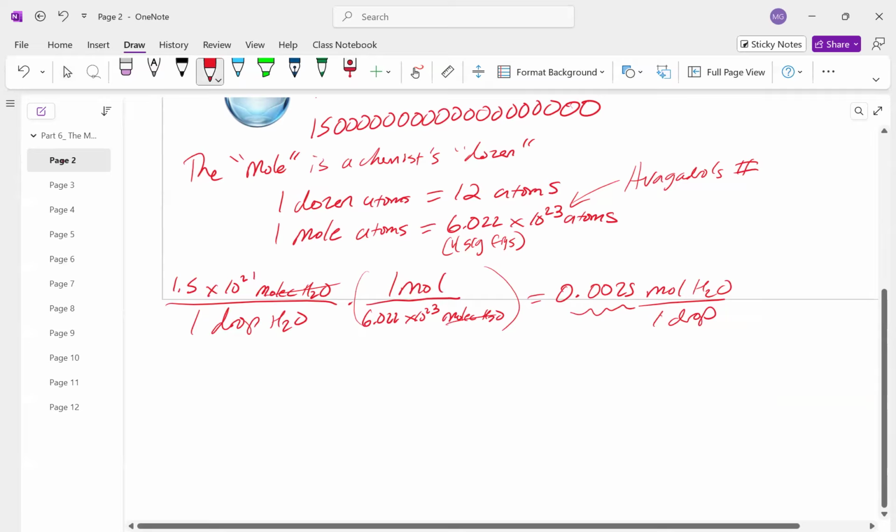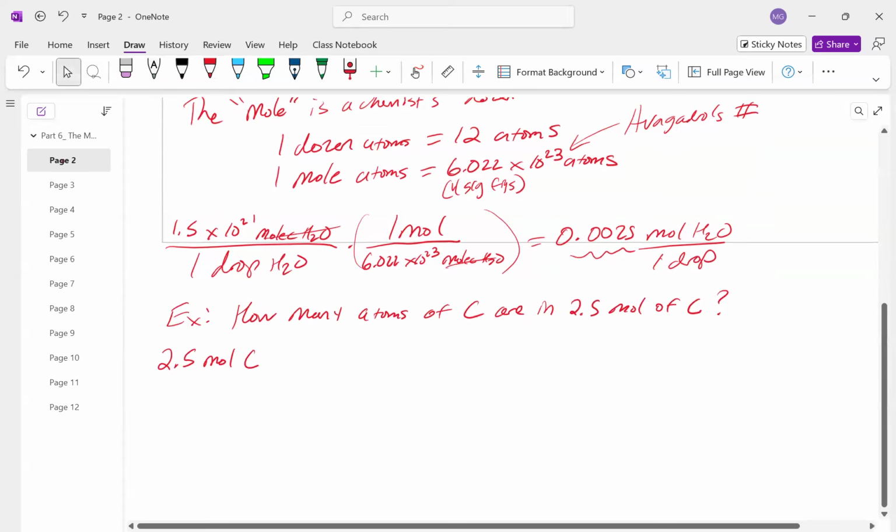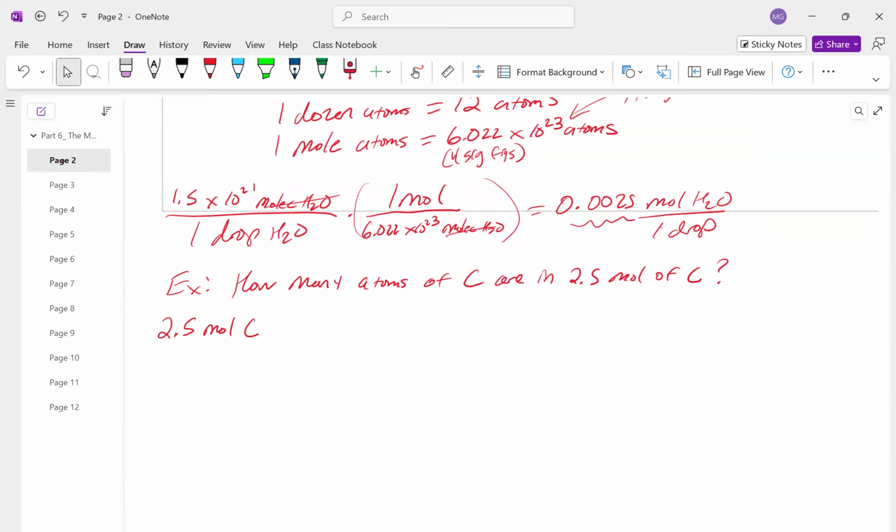So let's do an example. How many atoms of carbon are in 2.5 moles of carbon? Now this can be answered by setting up a unit conversion. We're given 2.5 moles of carbon, and we know, or hopefully you memorize fairly quickly, a conversion factor that will get us from moles to number of things, in this case, atoms.